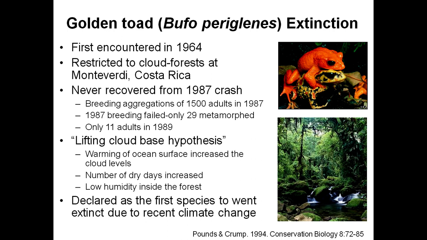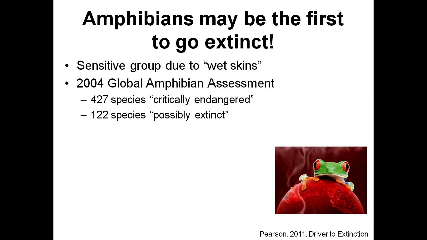But as a result of changes in the climate, mainly because of the warming oceans, the humidity changed and the species went extinct. And amphibians are one of the most vulnerable groups to extinction because of climate change, because they are very sensitive. They have wet skins and they breathe through their skins.